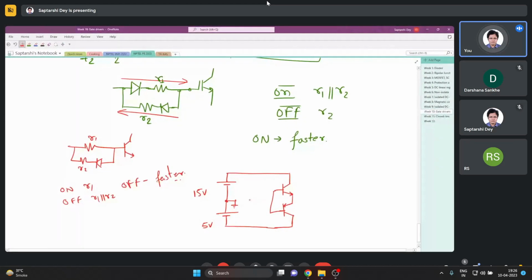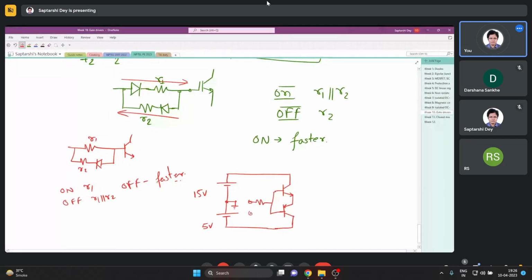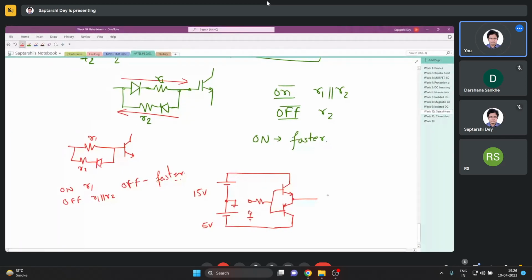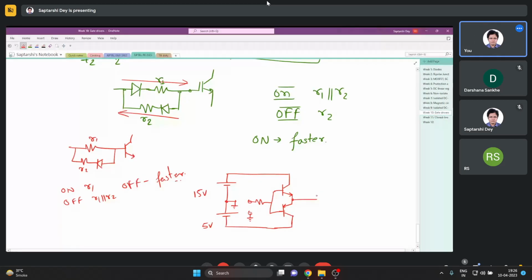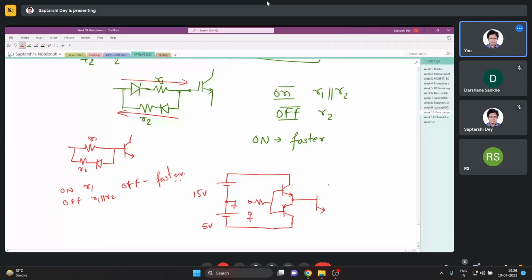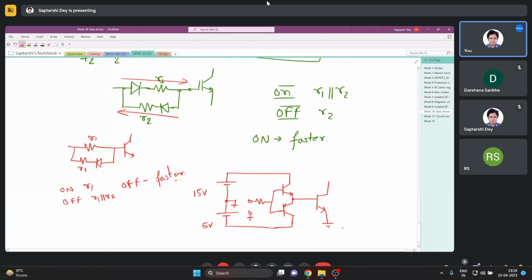Your gate signal is coming with respect to this ground, and your switch is here. Say I'm drawing a BJT like this.